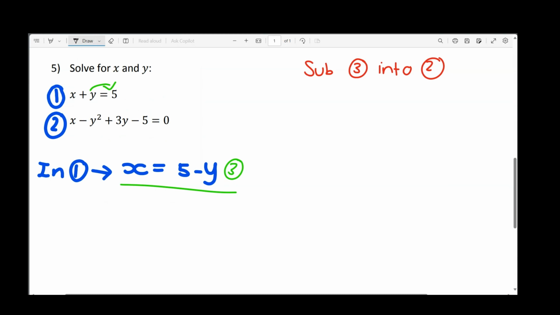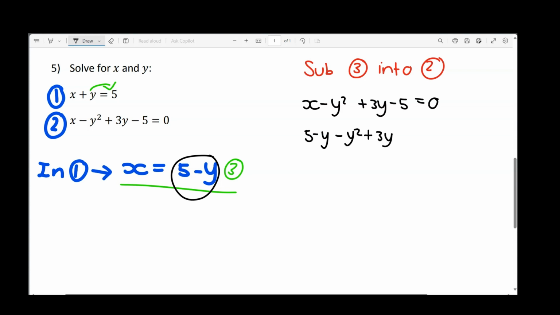So in equation 2, I'm just going to rewrite it exactly like we had it first. Now wherever there is x, I'm going to put this. So instead of x, I'm writing that (5 minus y) squared plus 3y minus 5 is equal to 0.